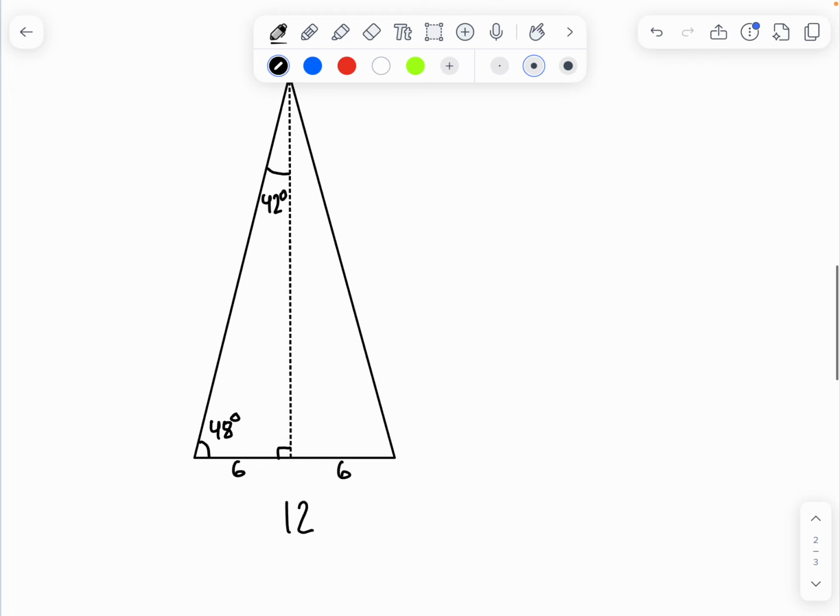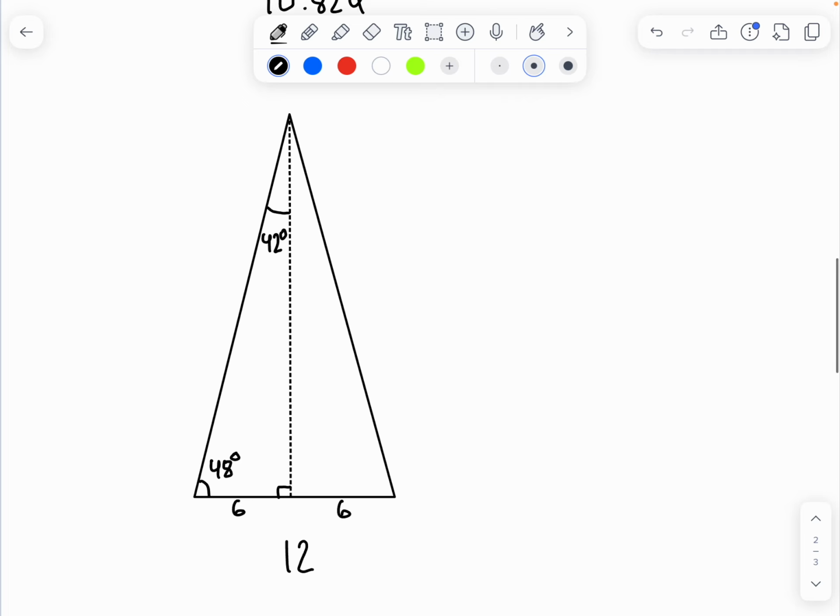So we can use trigonometry and just thinking, oh, we can just do sine. So for this, we can do sine 42 degrees. Sine 42 equals 6 over the hypotenuse. So for this, we're just going to represent it by beta.